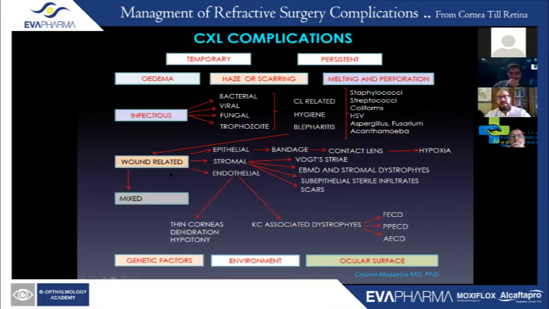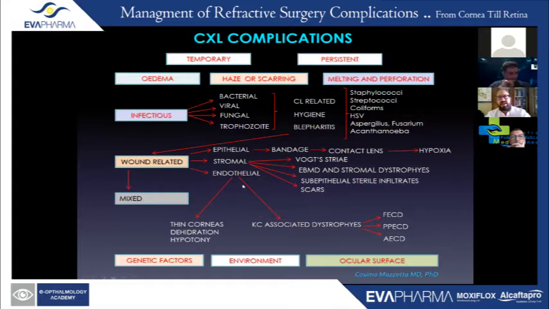You know that we may have also wound-related complications. Wound-related complications may be of epithelial origin, of stromal origin in particular, and also involving the endothelial layer.